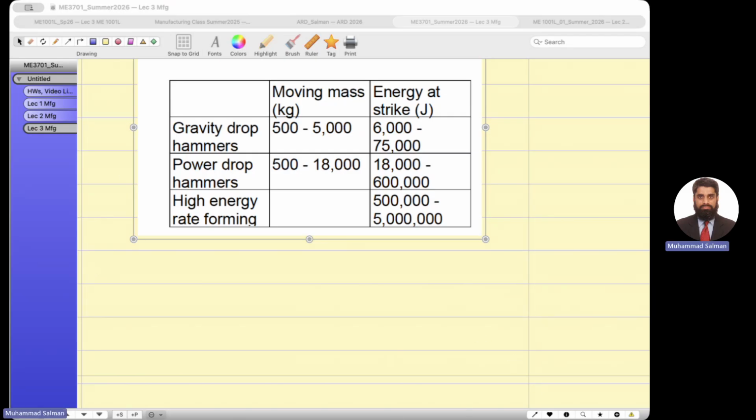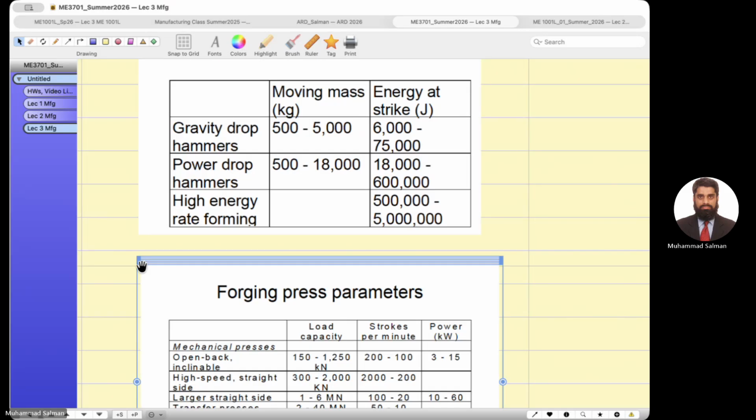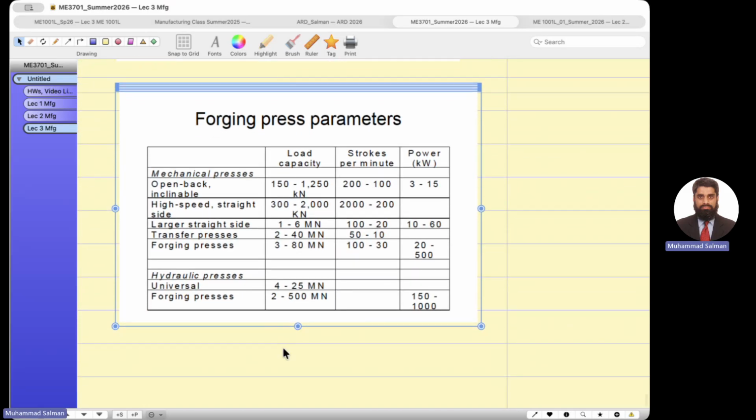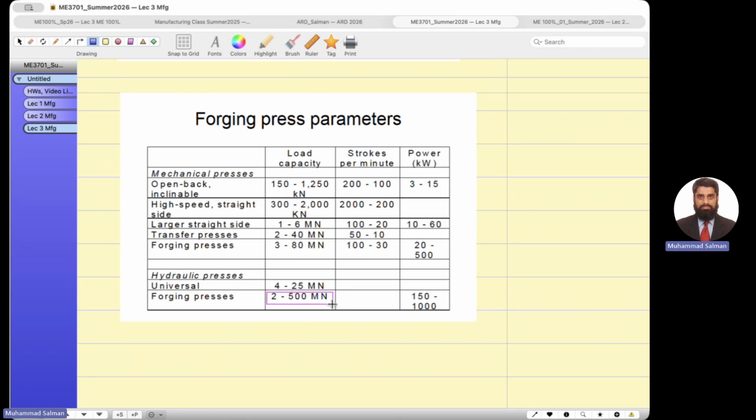Forging press parameters: load capacity, strokes per minute, and power output. Hydraulic presses are large and create forces of very high magnitude, 500 meganewtons.